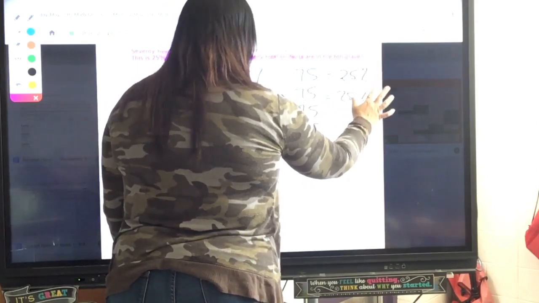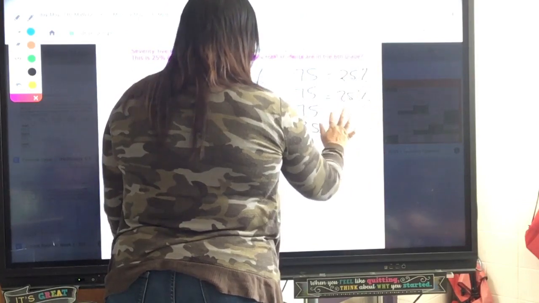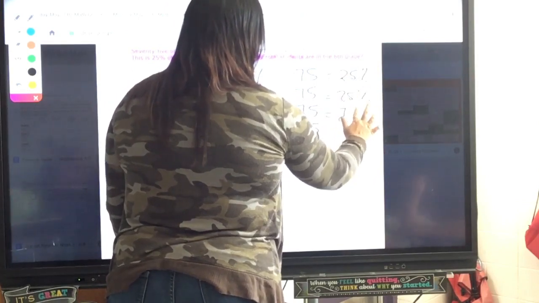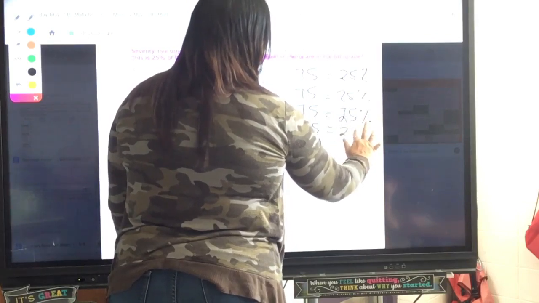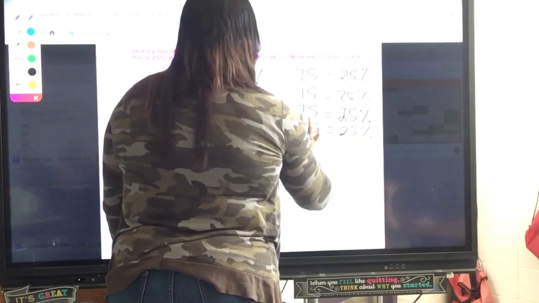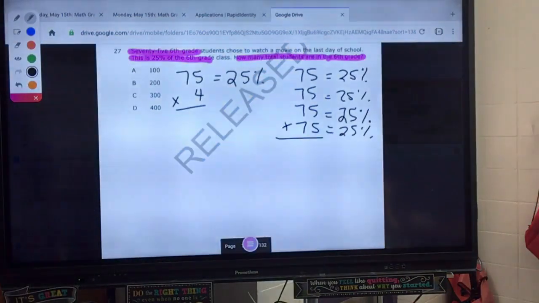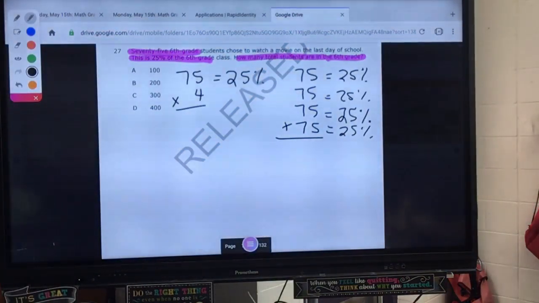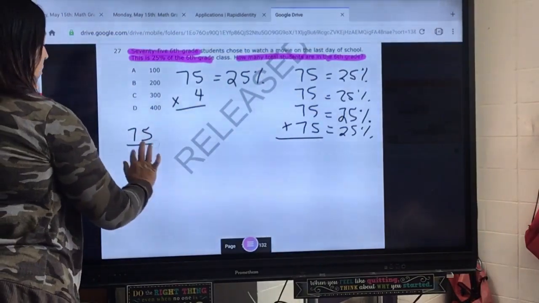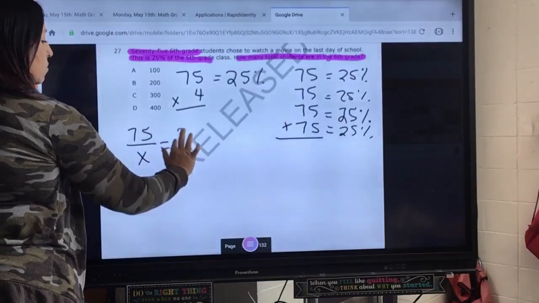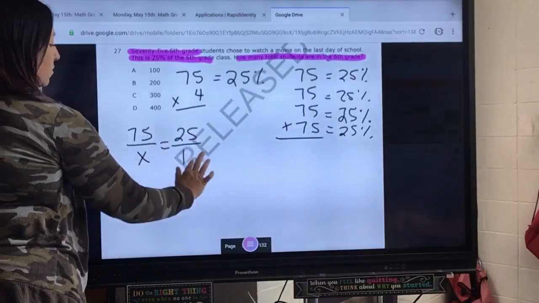So did anybody do it either one of these ways? Okay, and then if you want to do your cross multiply and all of that, you can. You would do 75 over x equals 25 over 100.